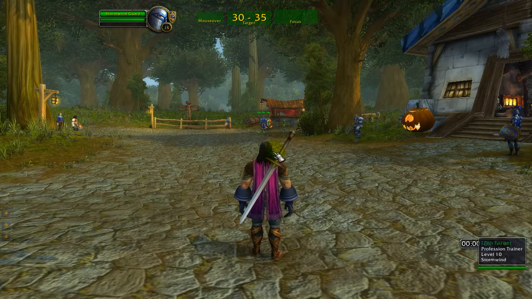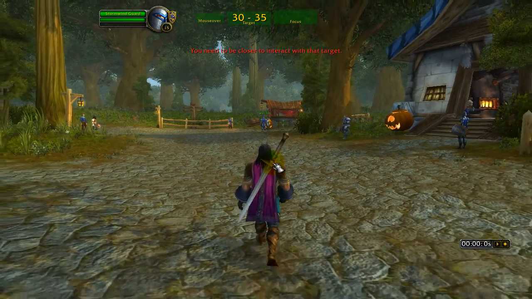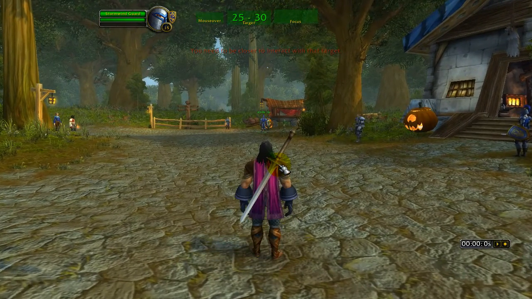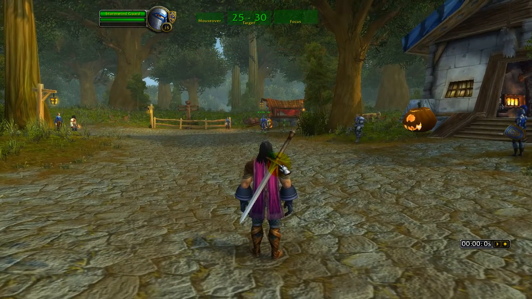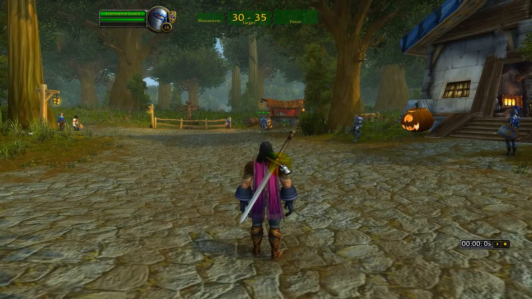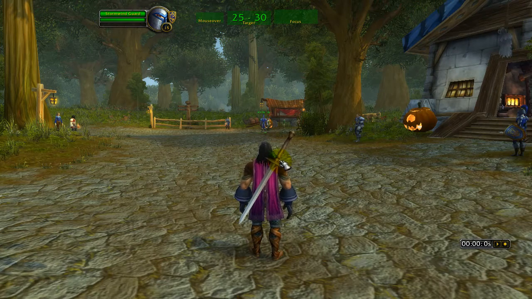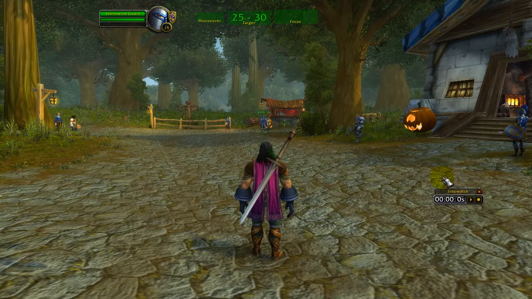Let's say that I know the distance to my target. I am standing approximately 30 yards away from my target, according to an add-on that I'm using. And now I'm going to time how long it takes to get to my target.